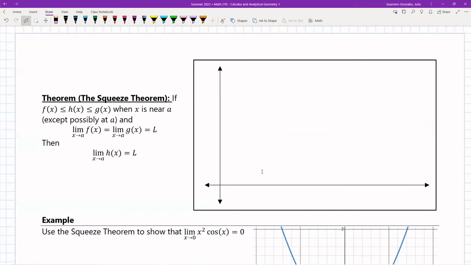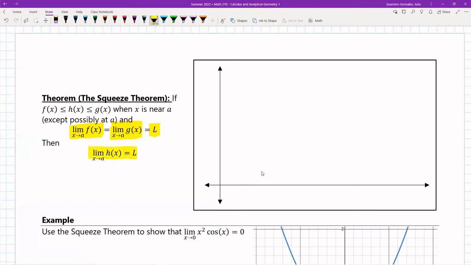Suppose that you have an f, an h, and a g in that order, and that's the order that the y values appear in. So f of x is less than or equal to h of x, and it's less than or equal to g of x when x is near a, except possibly at a, okay? And suppose that the limit of the smallest function is equal to the limit of the biggest function, and both of those limits are equal to L, okay?